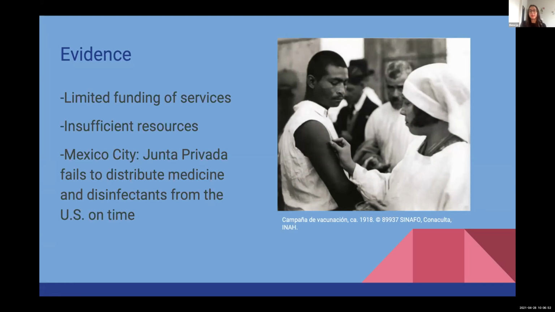Unfortunately, a lot of times this came too late because the Spanish flu would pass into a region of Mexico. The federal government might send a sanitary brigade or something. However, usually it was gone within the next 2 weeks, and case rates had really dropped by that time. And so the response that anyone was able to have was very limited because that infrastructure and quick funding wasn't really there.